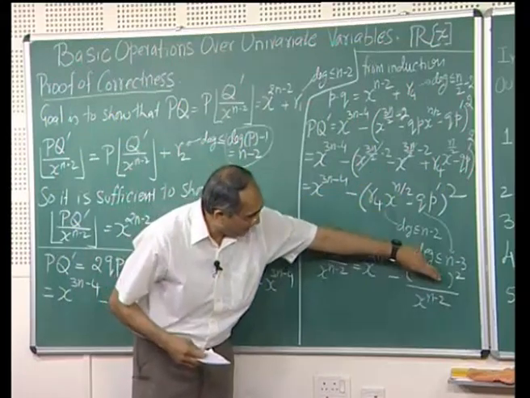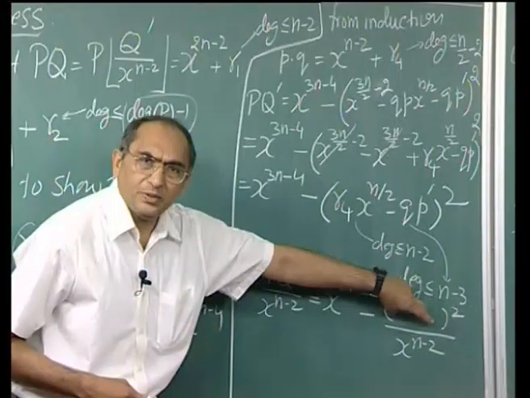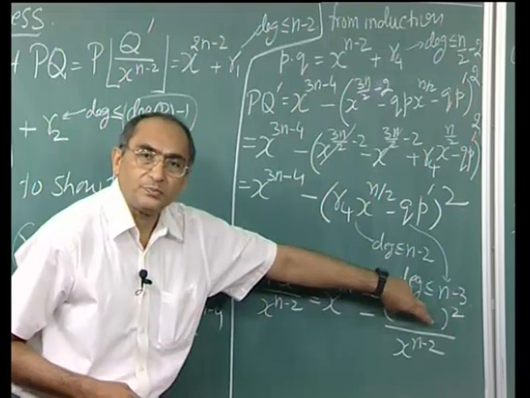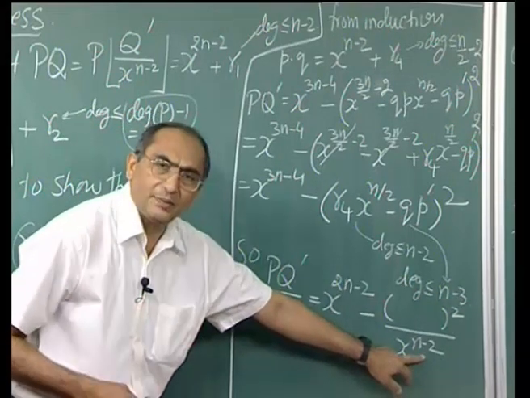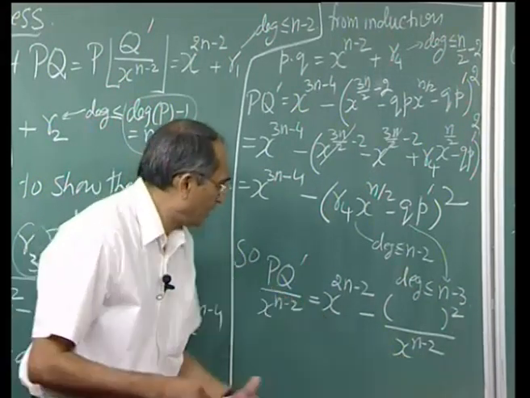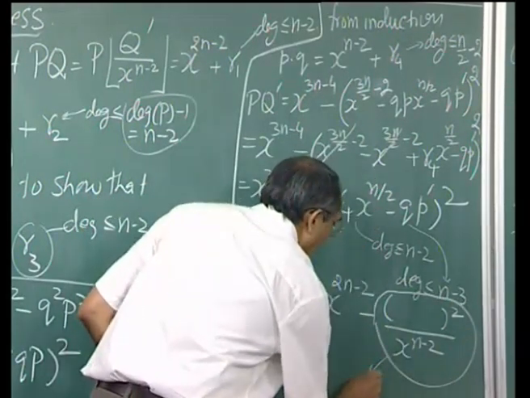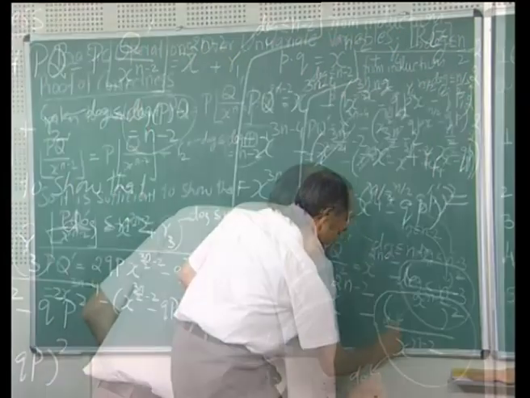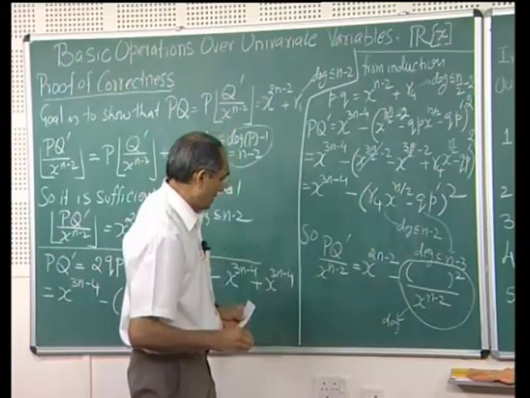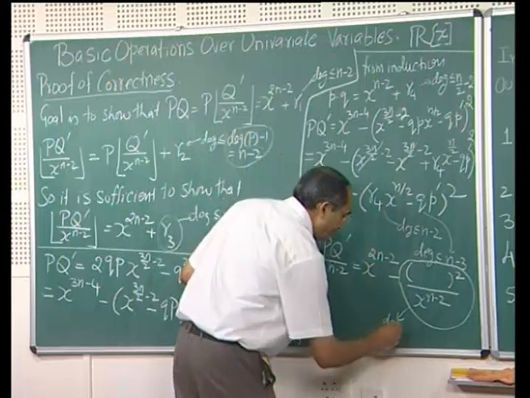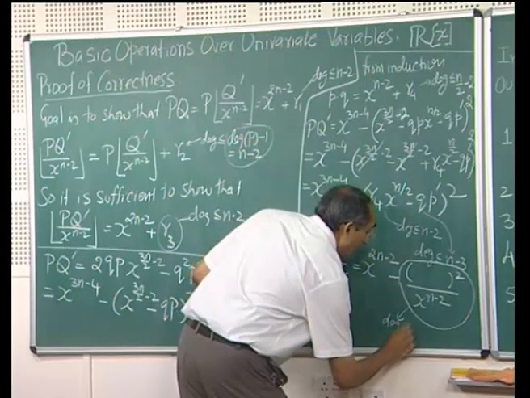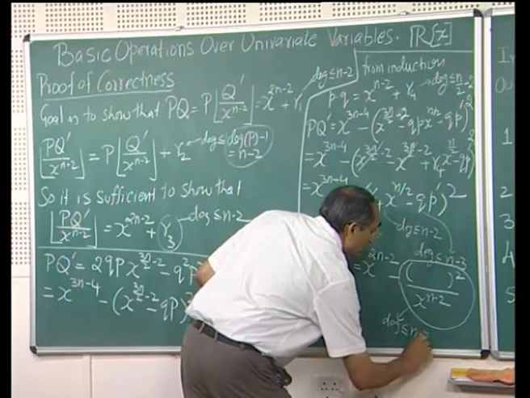The term here has degree at most 2n minus 4, and you are dividing by x to the power n minus 2. So, this whole thing has degree less than or equal to n minus 2.